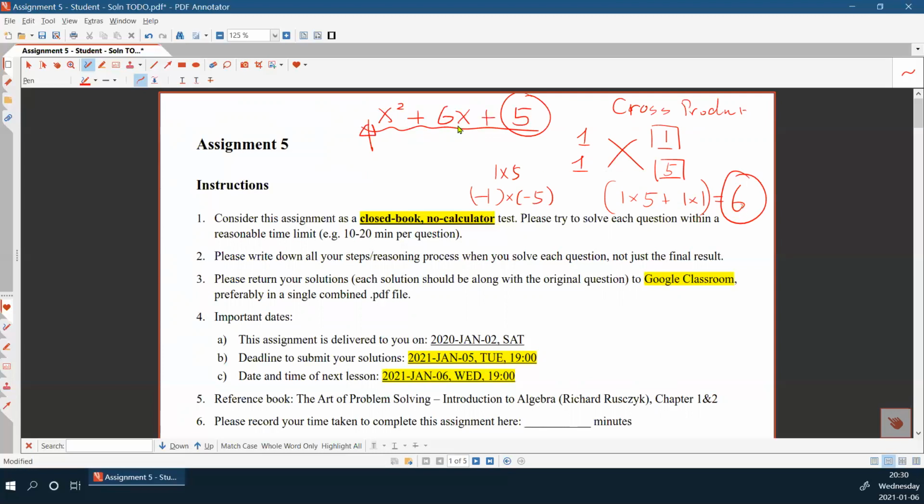Which is the coefficient of the first order term, right? So that means 1 and 5 are the numbers you're looking for. So it can be factored to x plus 1 times x plus 5, right? So the 1 here corresponds to the 1 here, and the 5 here corresponds to the 5 here. Understand?